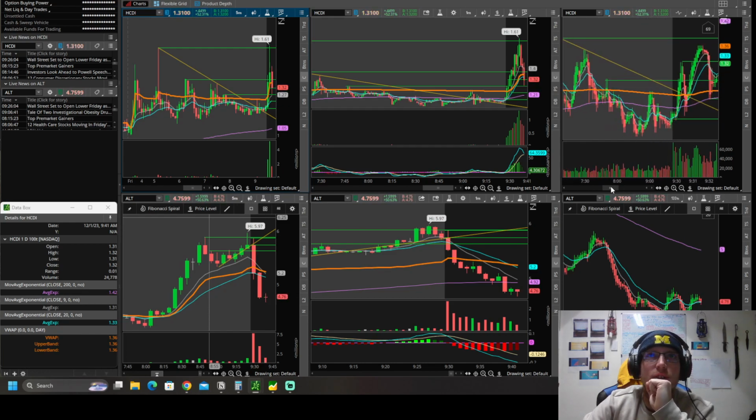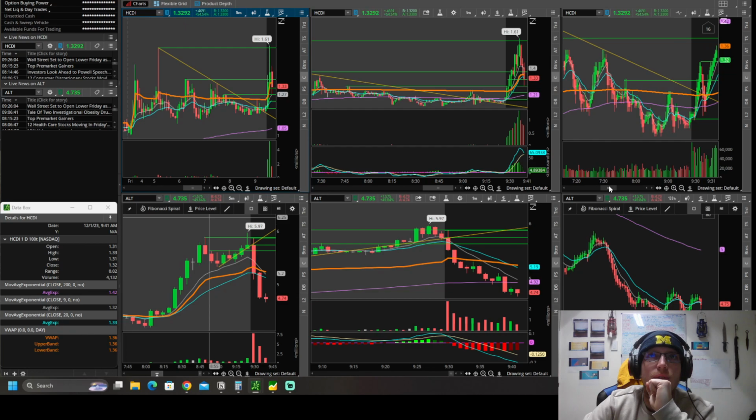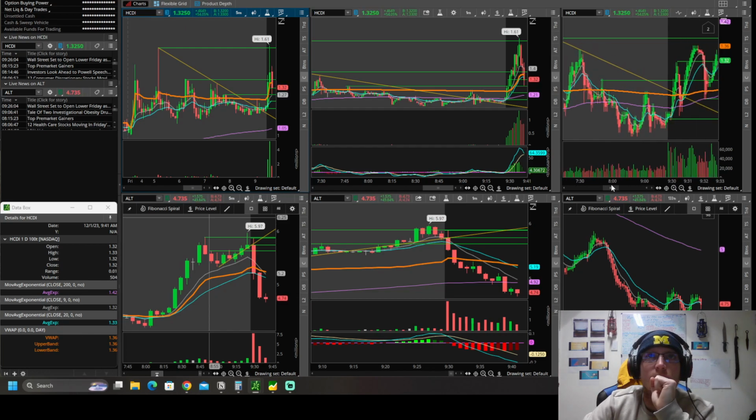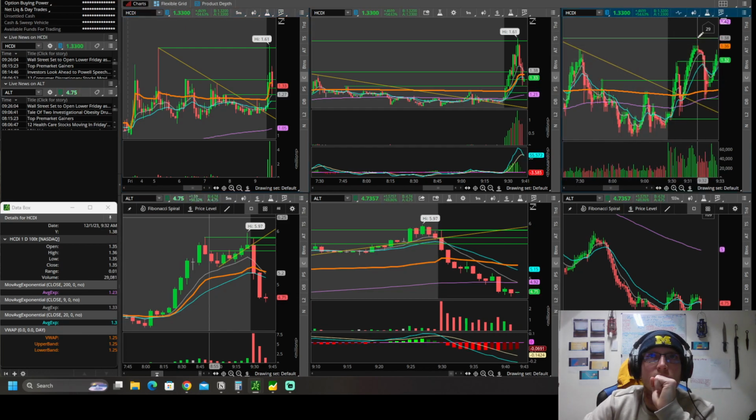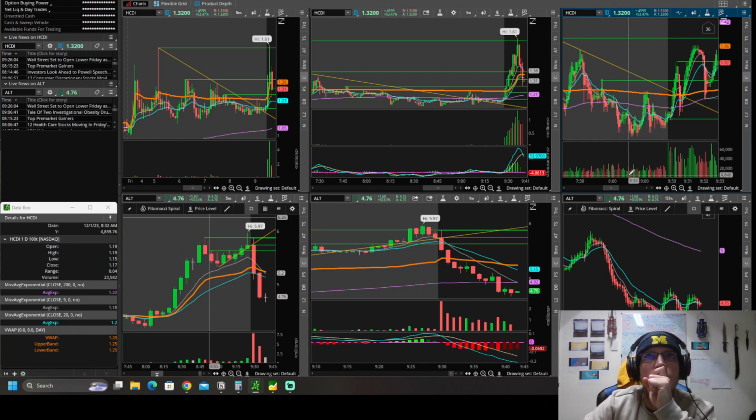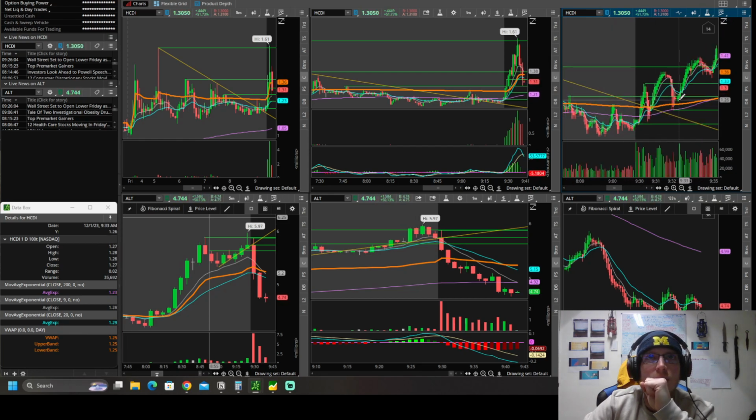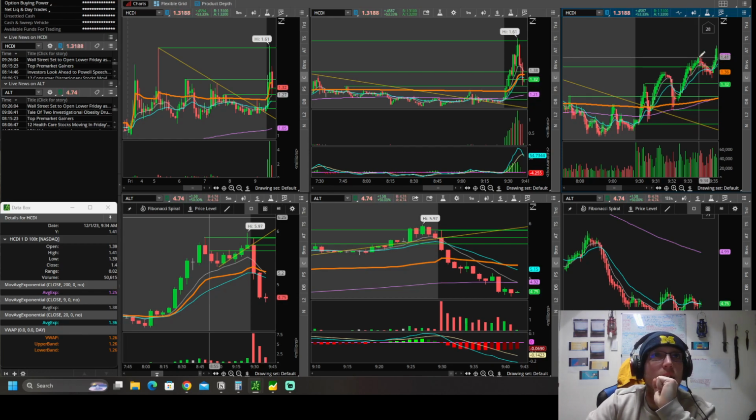It's all situational. Holding the pivot, second bounce is the entry. Target through the highs.